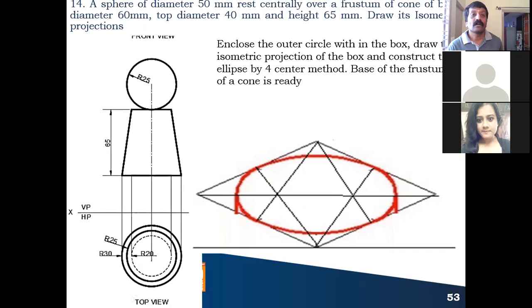And then above that the sphere is placed. What about the sphere? The sphere will look like a circle only, from whichever angle you see it. So when you see from the top, the sphere looks like a circle. What is the radius of the circle? 25. From the same center, you draw a 25 millimeter radius circle.